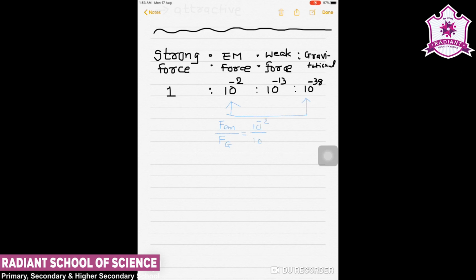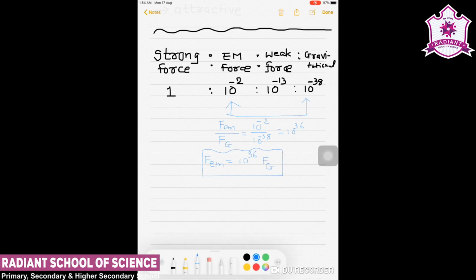We can say that it is 10 raised to 36 times. So electromagnetic force is about 10 to the power 36 times stronger than the gravitational force. So we can have this type of comparison also.